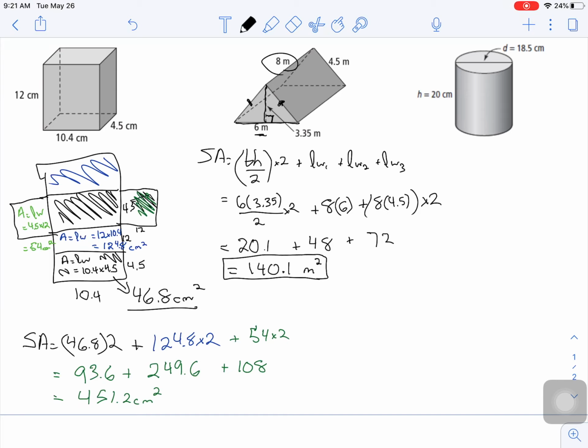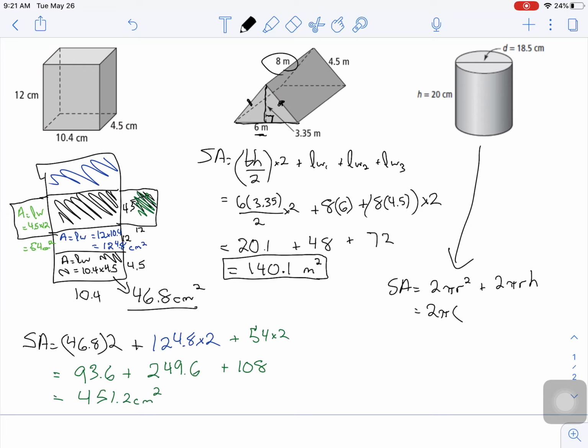And the last one, again, we could just use the formula, so I'm going to push this down here, where we have surface area equals 2 pi r squared plus 2 pi r h is 2 times pi. I'm going to just keep it as pi.